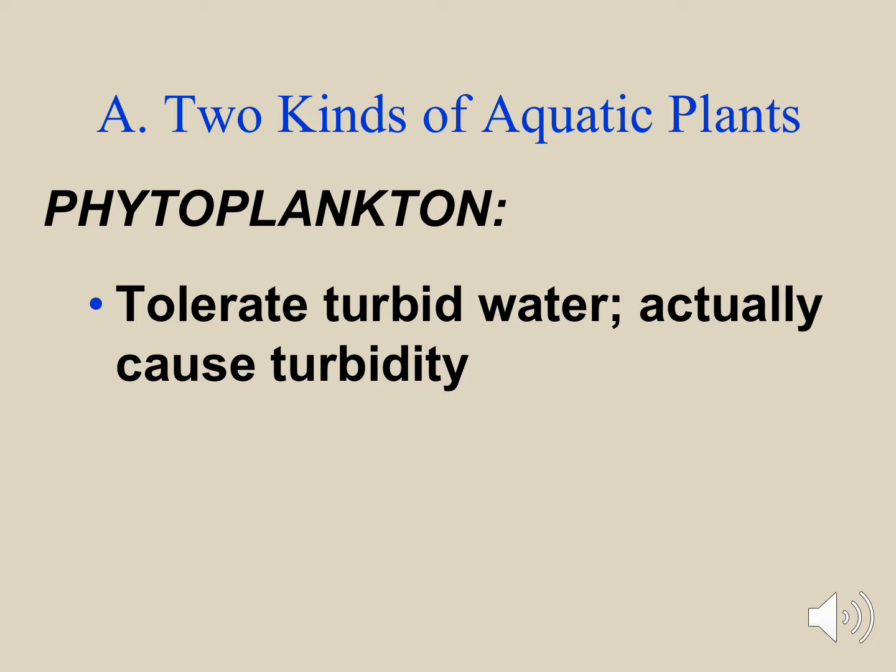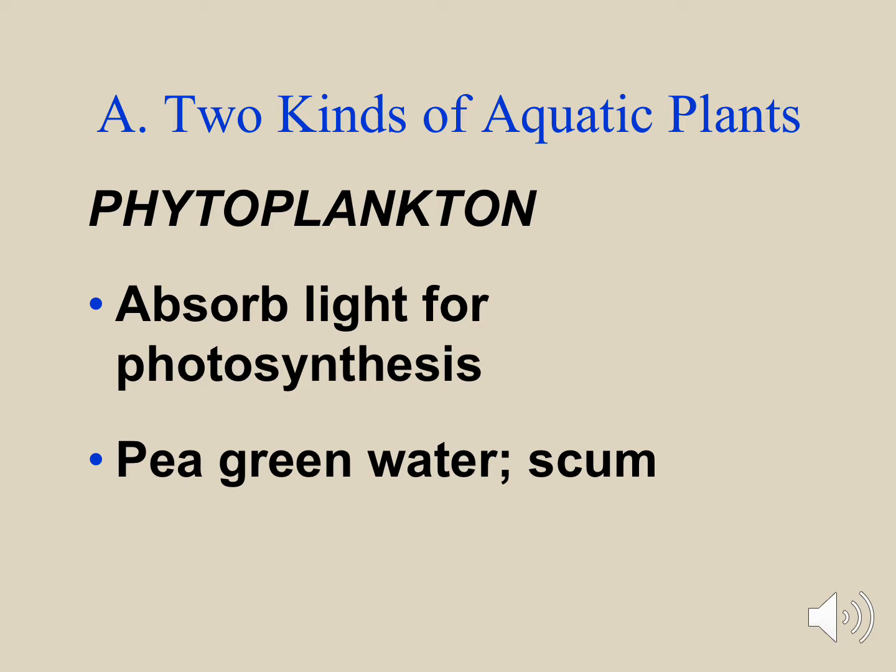Now, phytoplankton float on the body of water near the surface. They absorb light for photosynthesis, so they need light. And when conditions are right, phytoplankton grow very fast, and their numbers can be huge, and they form a pea green colored scum on the surface of the water body.